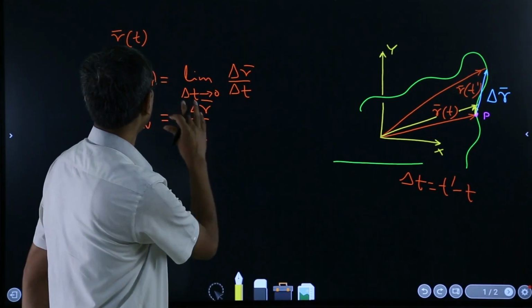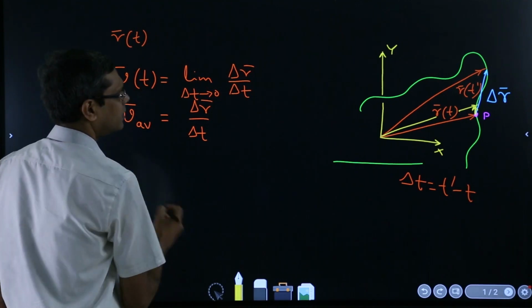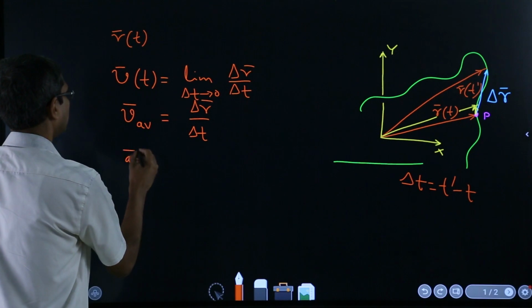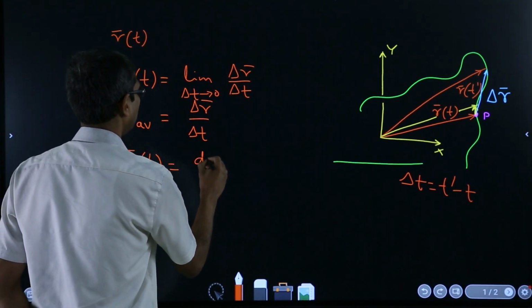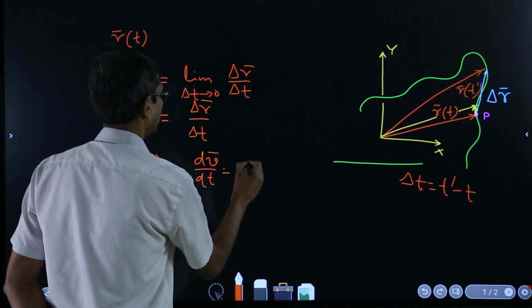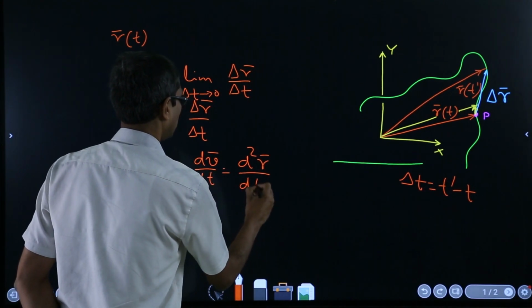Okay, so that is how we will define the velocity, and in the same manner we will define acceleration to be just dv over dt, which will be nothing but d square r over dt square.